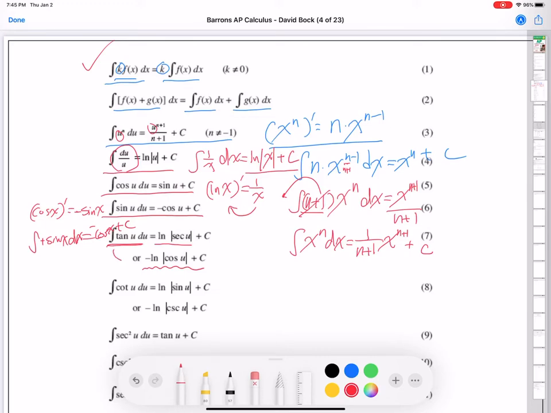I'll prove this formula later using u substitution. Okay. All right, next formula, integral cotangent. It is ln absolute value sine u plus c. It is a brand new formula as well.